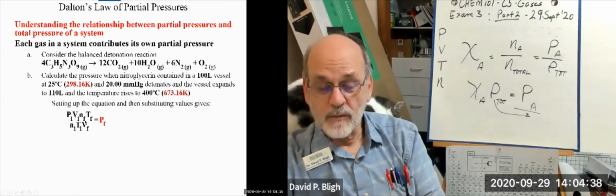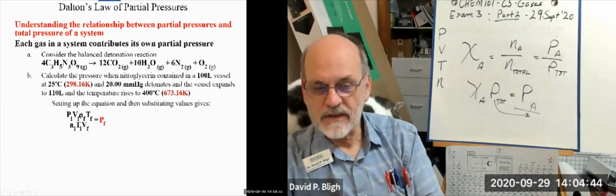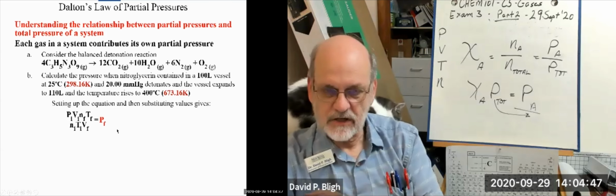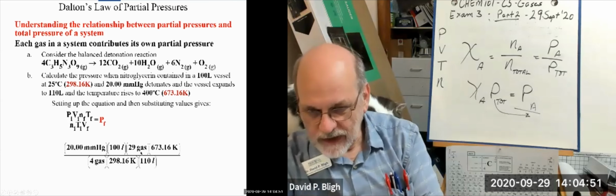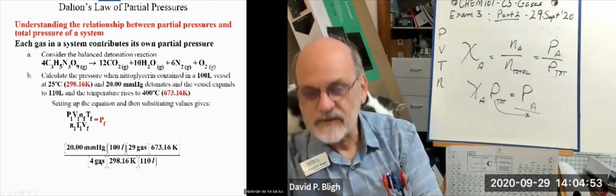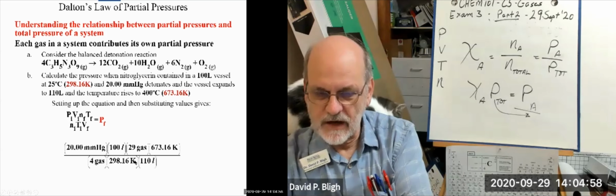we find that the number of moles final is 29, the number of moles initial is 4, and then you have these other changes in condition, and we can find out the final pressure. Right? So here's 29 gas and 4 gas, that's moles of, and these are the other conditions that are met.